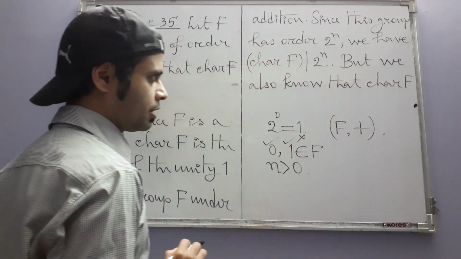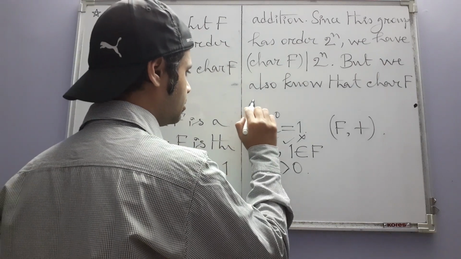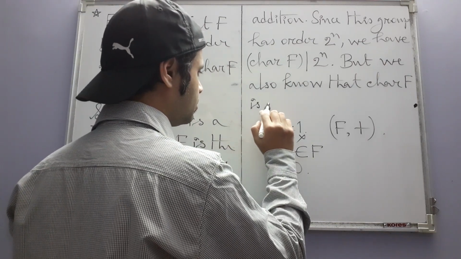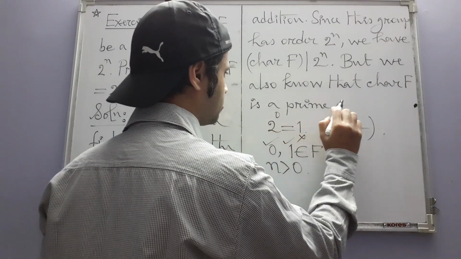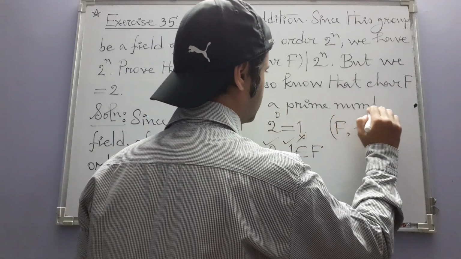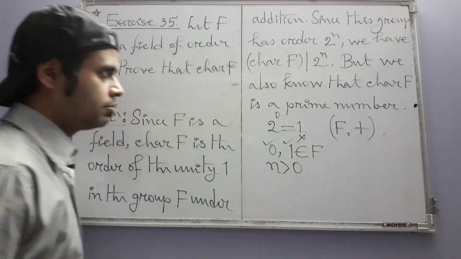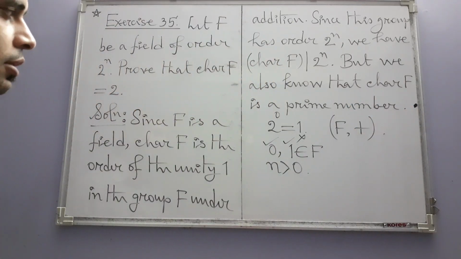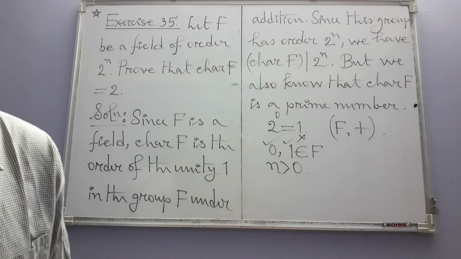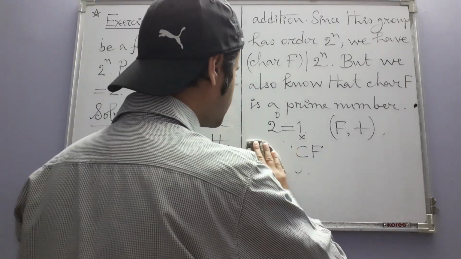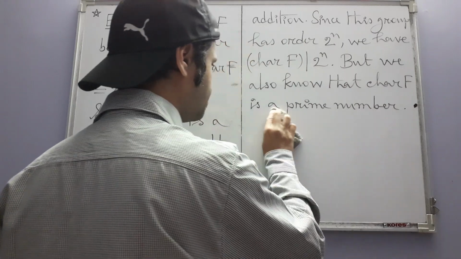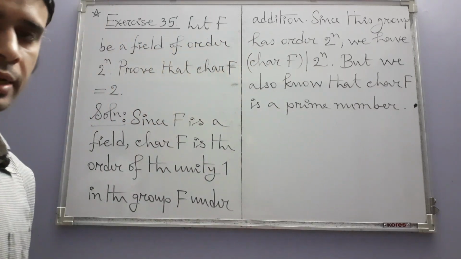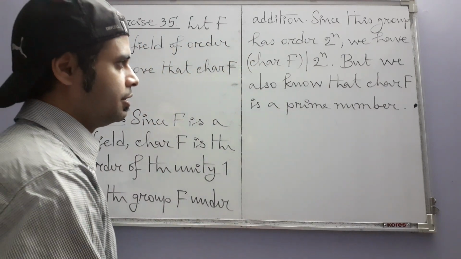But we also know that the characteristic of F is a prime number. In this case, we have a prime number due to the finiteness of the field. In general, it is either a prime number or it is 0.